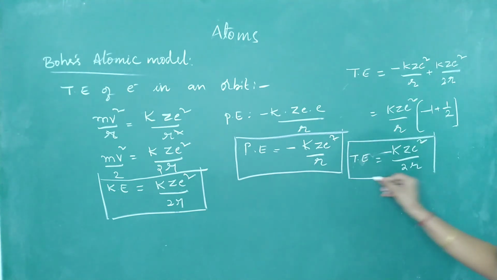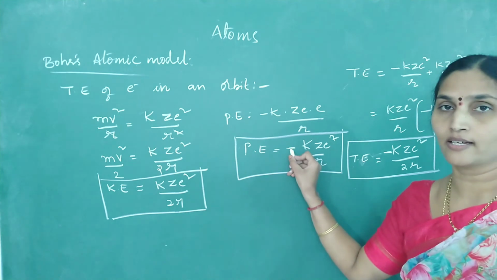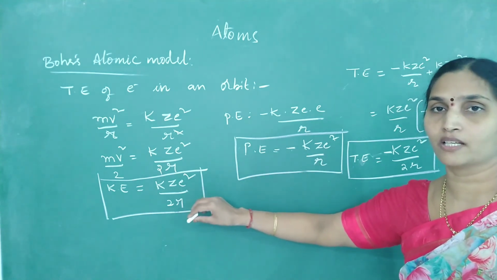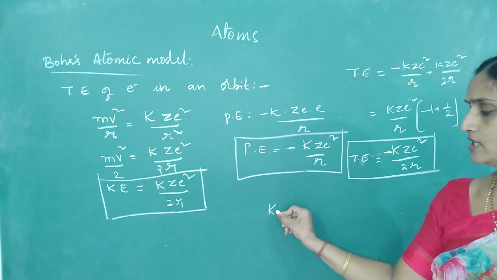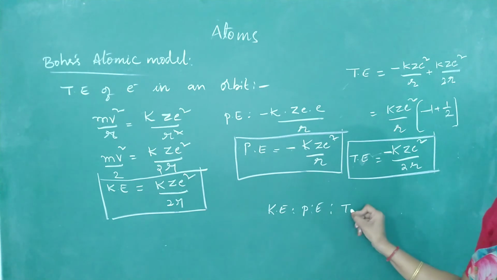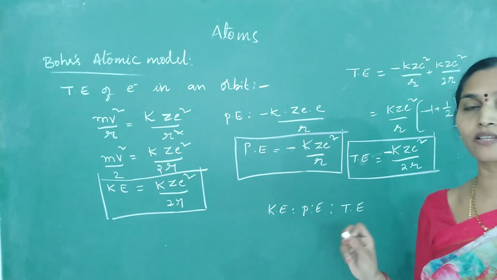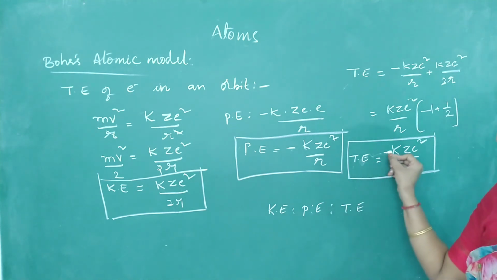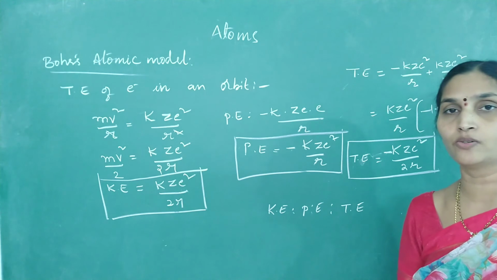See, if you observe, total energy is negative, potential energy is also negative, but kinetic cannot be negative. We know kinetic energy will never be negative. So if they ask you to find the ratio between kinetic to potential to total, remember you have to express potential and total energy with negative sign. The significance of negative sign is, as long as energy is negative, it is bound to the nucleus.